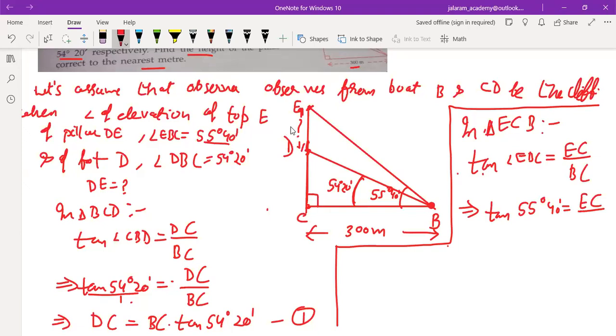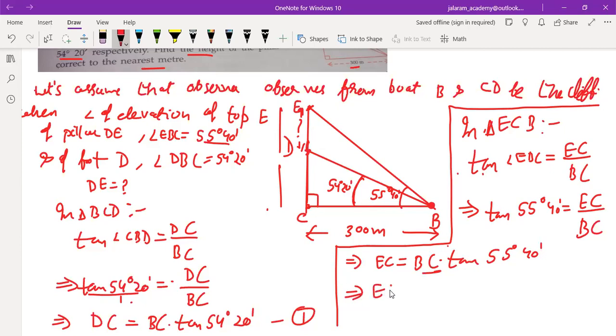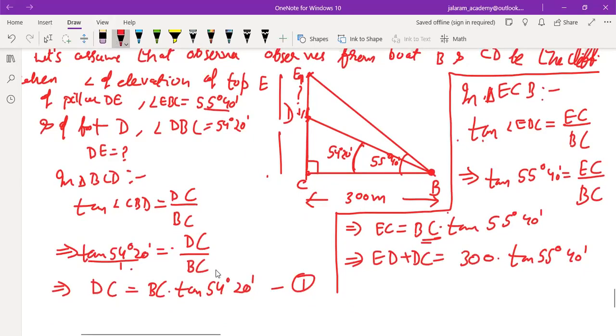Don't start breaking this EC into two parts, ED plus DC, at the same point. First write it properly, cross multiply to get EC equals BC into tan 55 degree 40 minutes. And we have to use the value of BC, which is 300 meter, to find value of ED. So we break this EC as ED plus DC equals, in place of BC we write 300 into tan 55 degree 40 minutes.